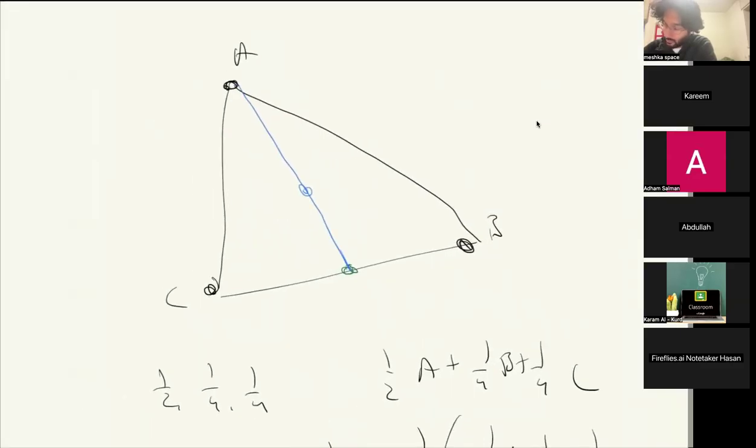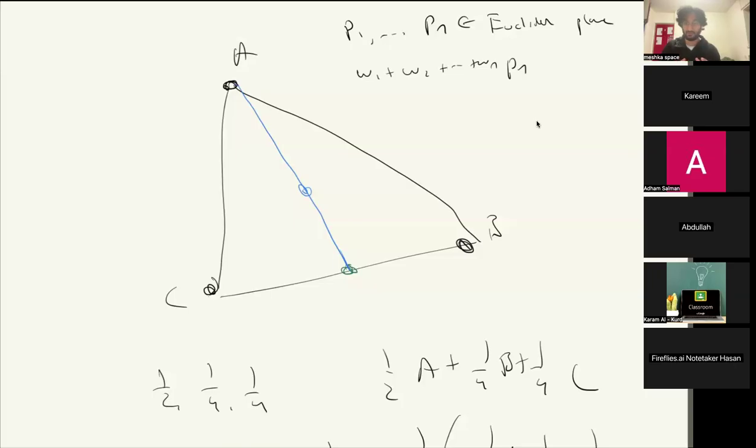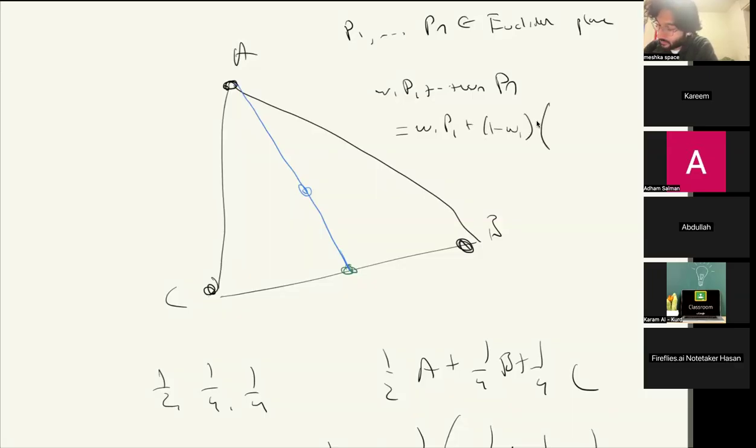If I have any points P1 through Pn in the Euclidean plane, and any convex combination, so all positive weights that sum to 1, then W1 P1 plus all the way to Wn Pn is going to be W1 P1 plus (1 minus W1) times some weighted combination of P2 through Pn, where the weights are W2 over 1 minus W1, W3 over 1 minus W1, all the way to Wn over 1 minus W1.